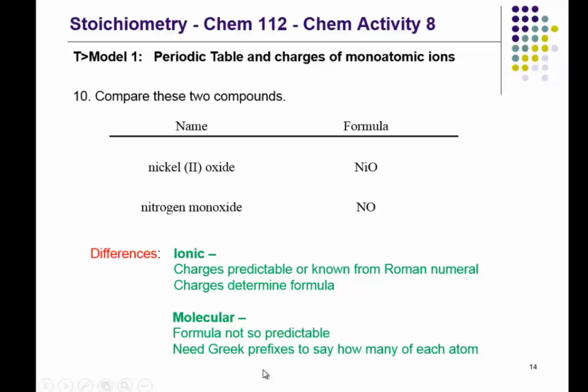And so for a molecular compound, the formula is not predictable, and in terms of the name, we need to use the Greek prefixes to say how many of each atoms. Notice that when we write nitrogen monoxide, we only use the mono in front of the second element. This short example reinforces some of the differences that we have seen between ionic and molecular compounds.